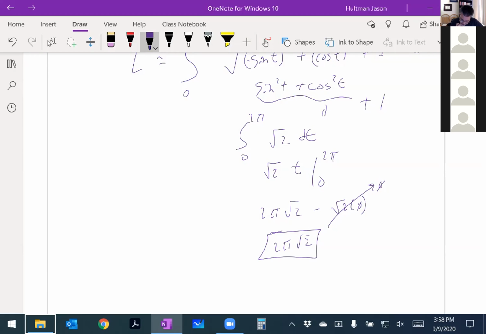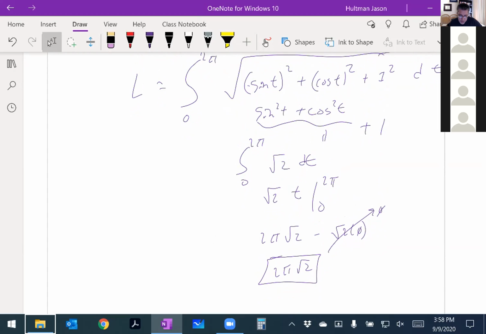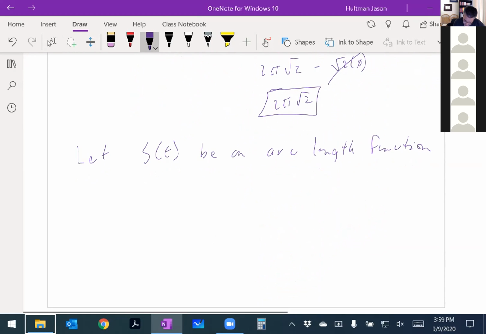Okay, let's say that S of t is my arc length function. Let S of t be an arc length function. Then S of t is equal to the integral from a to t of the magnitude of r prime of u du.